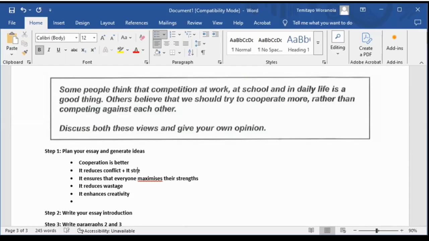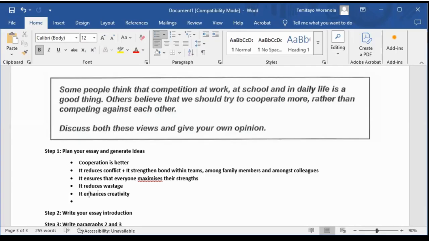Plus, it strengthens bonds within teams, among family members, and among colleagues. So you can see I've generated 4 ideas in support of my position, that cooperation is better.